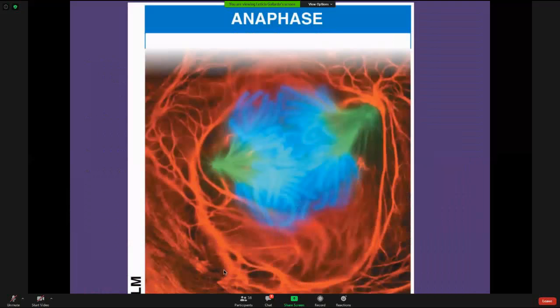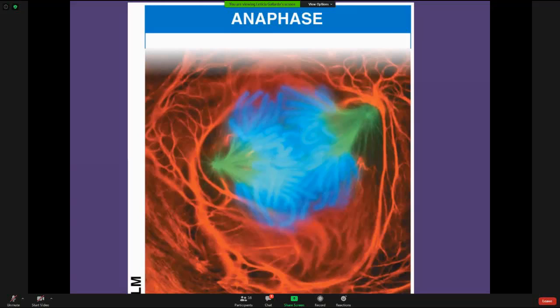And so if we take a look at our polarized light dividing cell, notice how there's two distinct clusters of DNA strands here. And see how the spindles are getting shorter as they're pulling the two clusters of chromosomes to opposite sides of the cell.